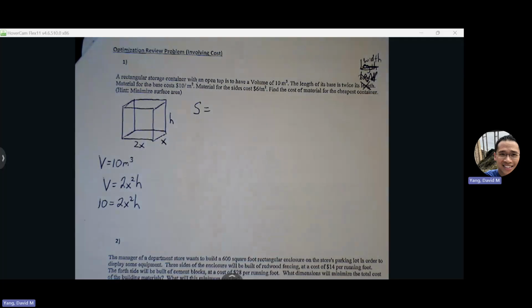Build your surface area formula. And then once you have your surface area formula built, fold in that cost information. And then we can update that surface area to the cost formula.